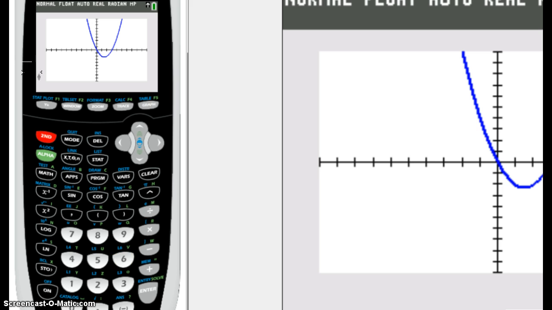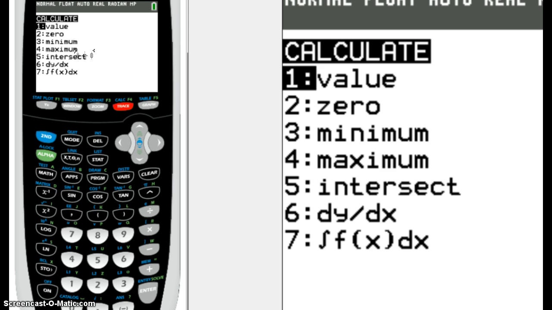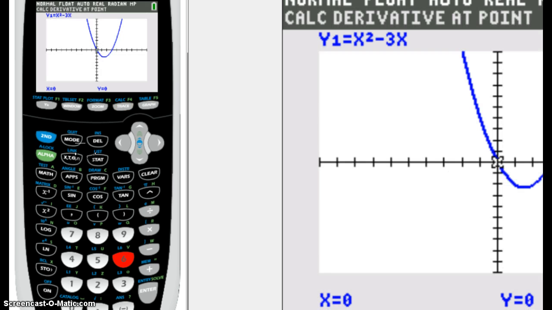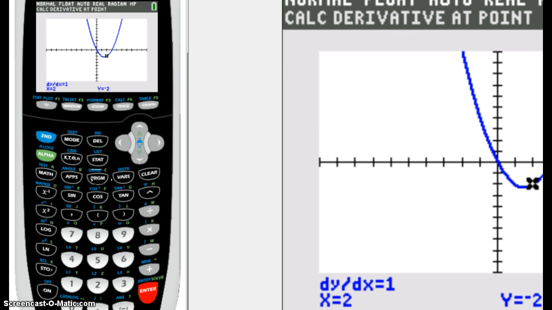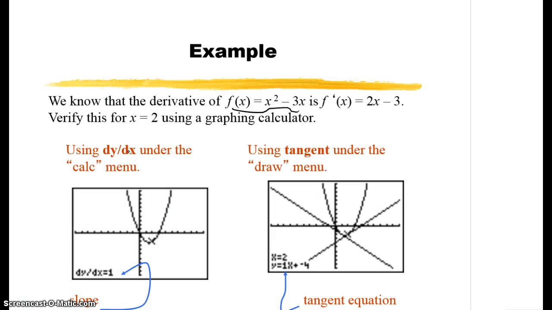So I do second and calc, which is really the trace key when you do the second. And look at option 6, it's dy dx. I hit option 6, and then I type in 2, and that will give me the derivative at 2. And surely enough, it says dy dx is 1, so the derivative there is 1. And that's how we obtain this over here.